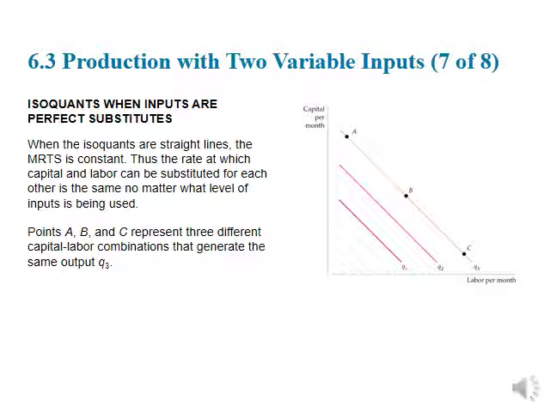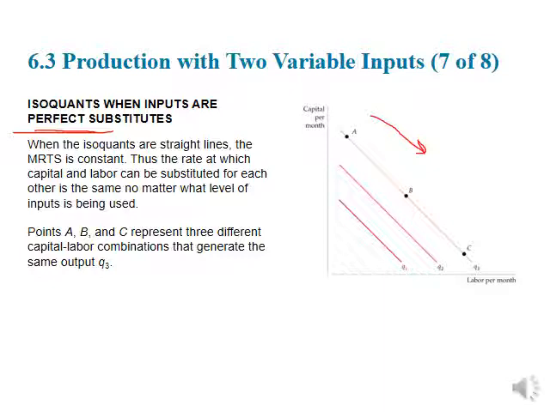So isoquants with perfect substitutes are linear. They're downward sloping straight lines and look just like perfect substitutes indifference curves in consumer theory. In this case, one additional unit of capital always adds the same amount of output as one additional unit of labor.